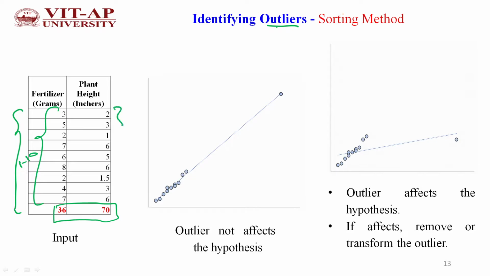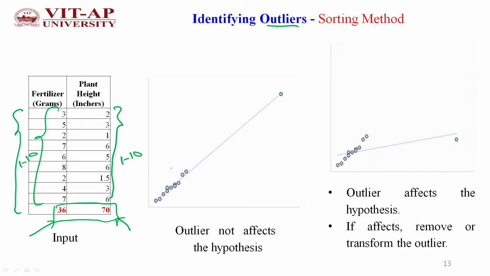Here also the range of the data points is 1 to 10, but this data point has an entirely different value. So when you sort this data in ascending or descending order, it will appear in the last or first row of the data set. So this will be considered an outlier in the given data set.